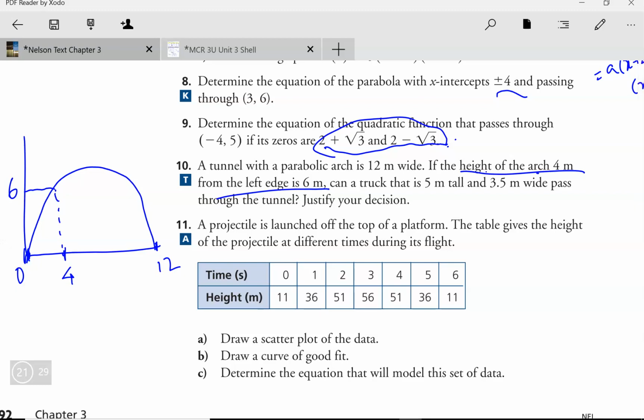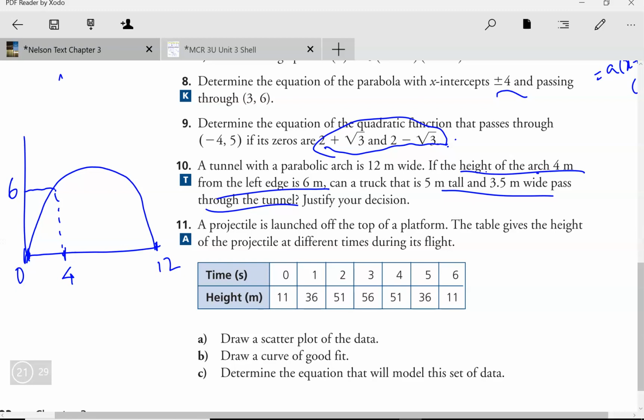So this is an interesting question. Okay, first, before we talk about the truck, you could do this the hard way. You could find the equation for this parabola.